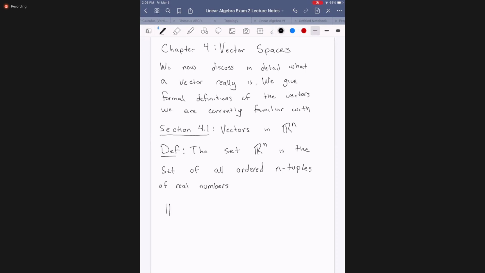So this list is x1 all the way to xn. So n things, and those things are real numbers in our case. How we've been using them is that we take elements out of the set and use them as vectors, which is a true statement.